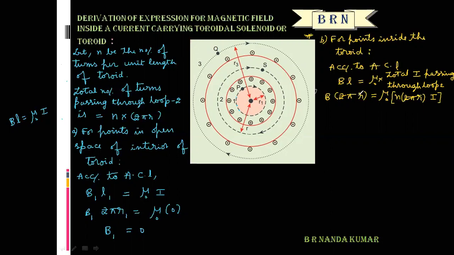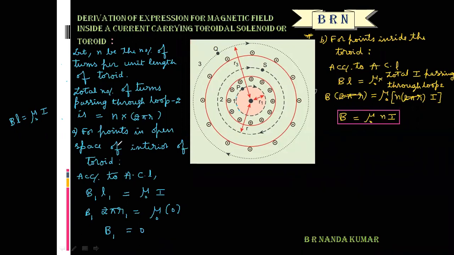So 2 pi r cancels here, and B is equal to mu naught n I, right? This is the magnetic field inside the current carrying toroid.